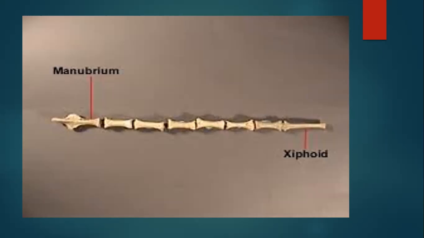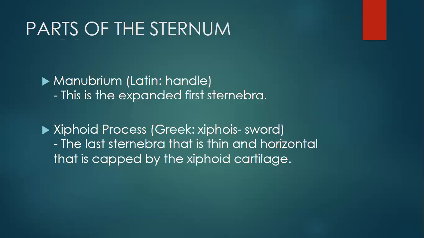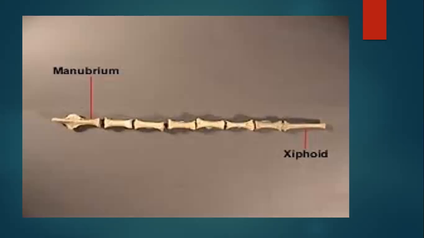Since dogs have 9 sternal ribs, minus 1, they have 8 sternebrae or sternal segments. The manubrium is the expanded first sternebra, and the xiphoid process is the last sternebra that is thin and horizontal and capped by the xiphoid cartilage. So there's actually a cartilage over here.